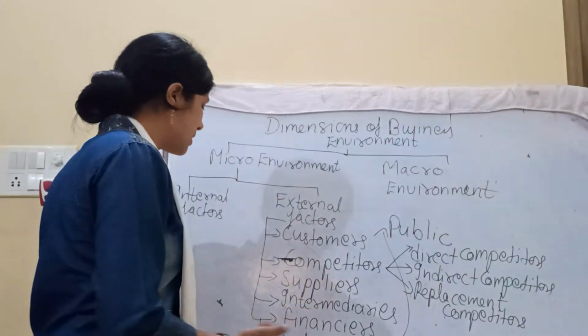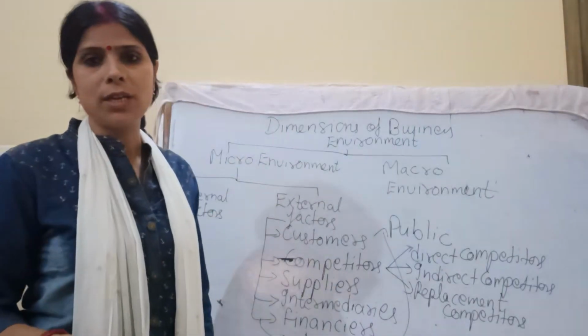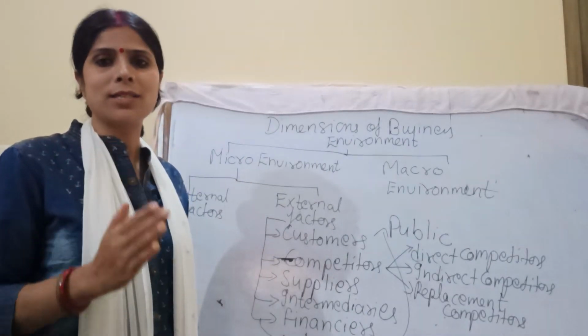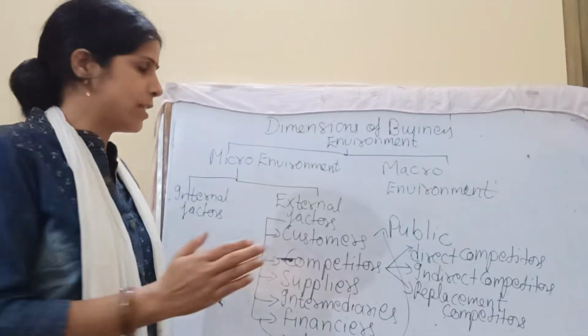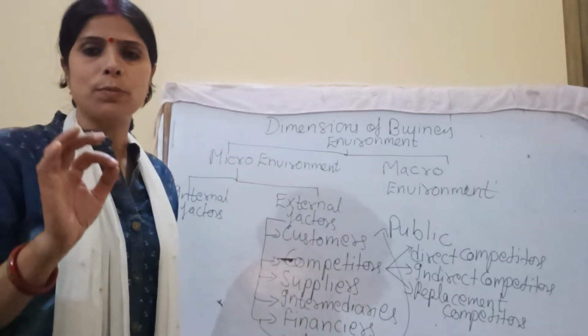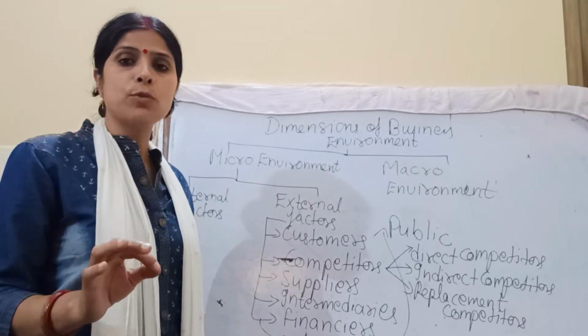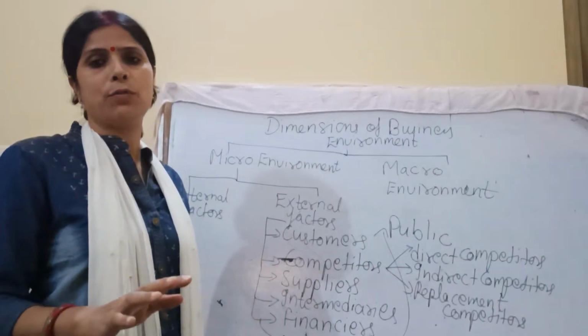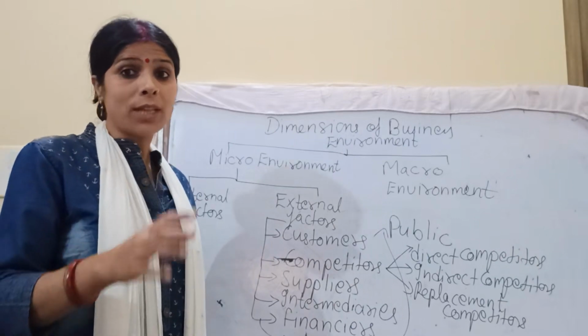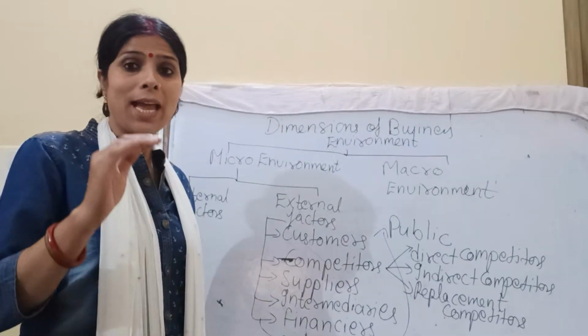All these are called intermediaries, and they help the business concerns in understanding the needs of the customers. As we have already discussed in the first factor, the customers are the king. The producers have to collect information about the customers, their needs and tastes, and they have to satisfy them.